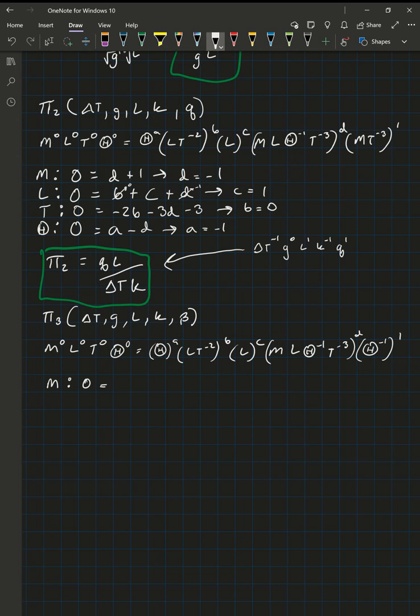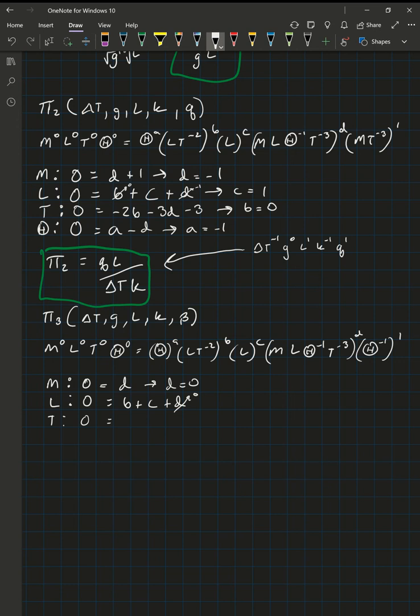So mass, we see the only one that has it is D, which means D is equal to 0. Length, we see that length is to the power of B plus C plus D, and that's it. But we know that D is 0.